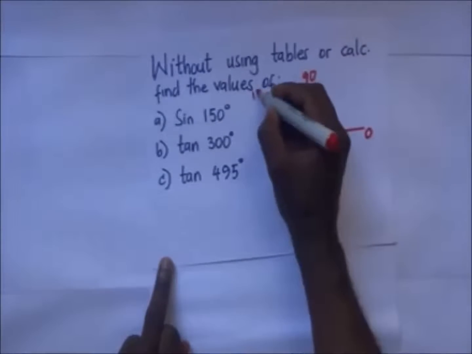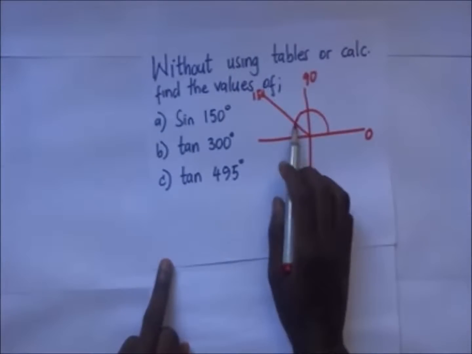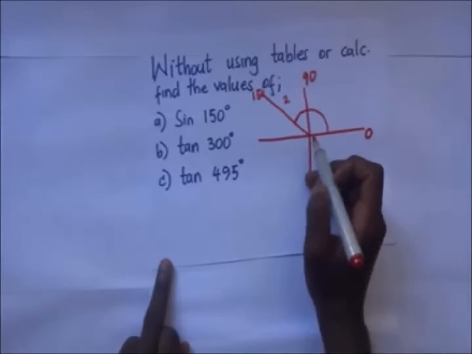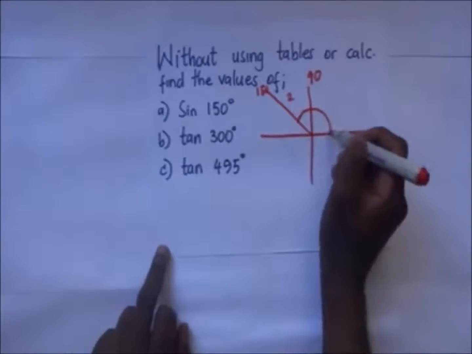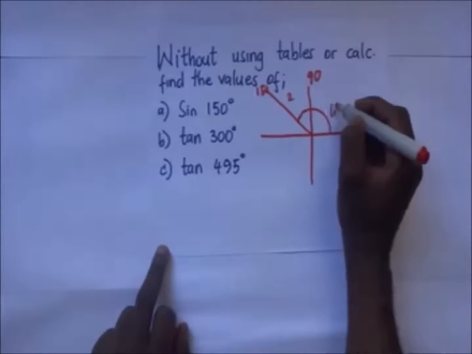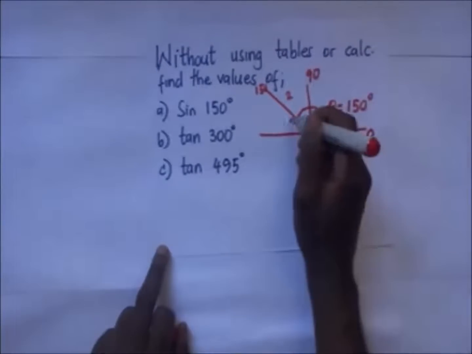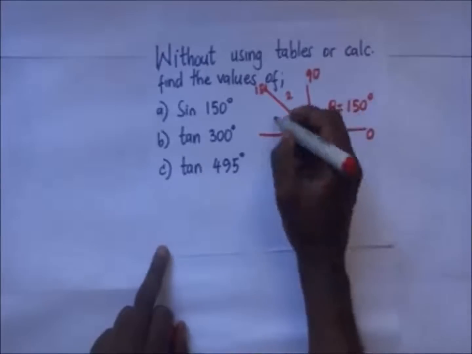So 150 degrees. If you look at sine of 150, it's lying in the second quadrant. Since it lies in the second quadrant, from here to there, that is theta, is going to give us 150 degrees. Now what's the value of this remaining angle? The value of that remaining angle is 30 degrees.